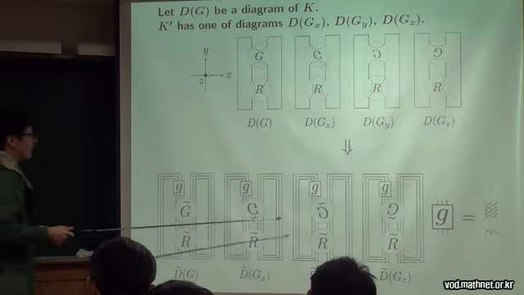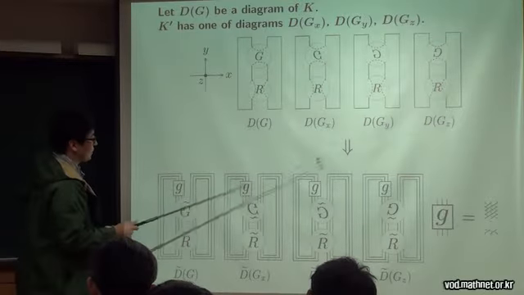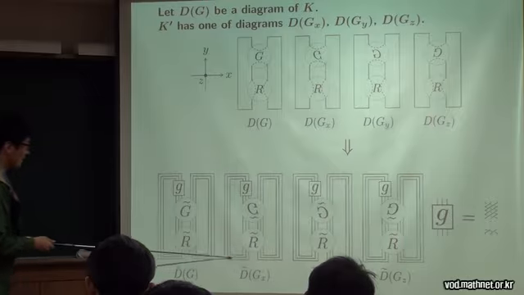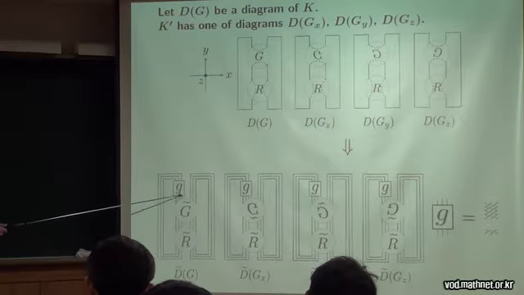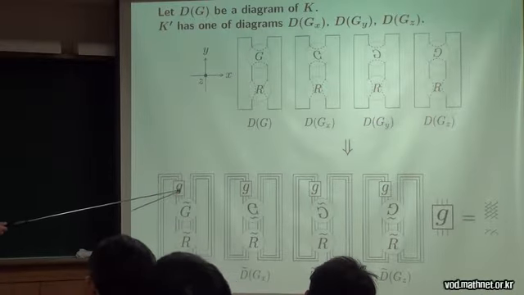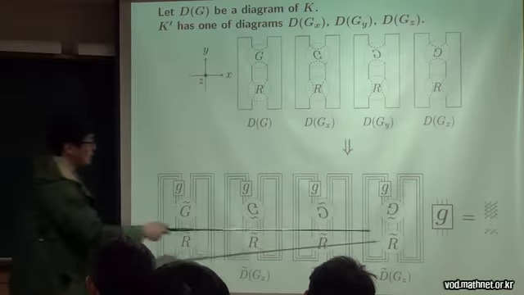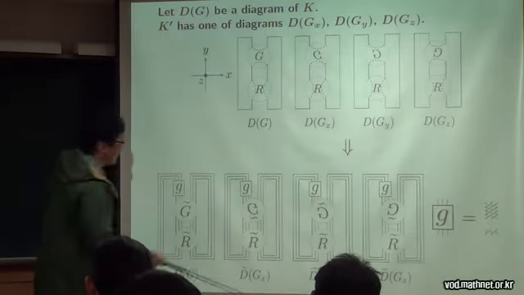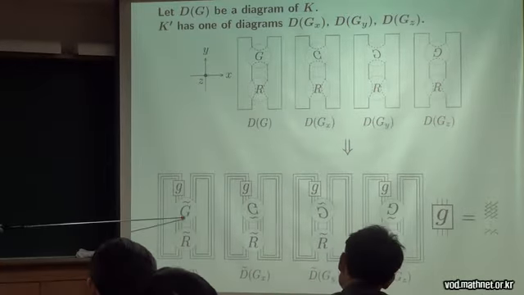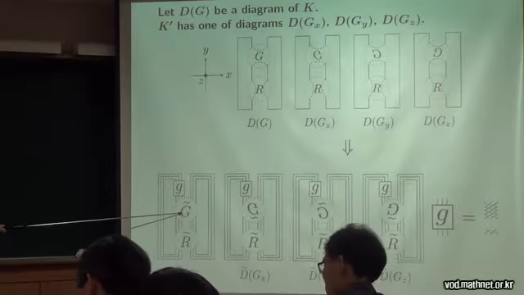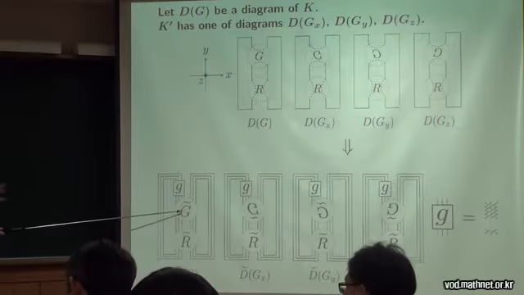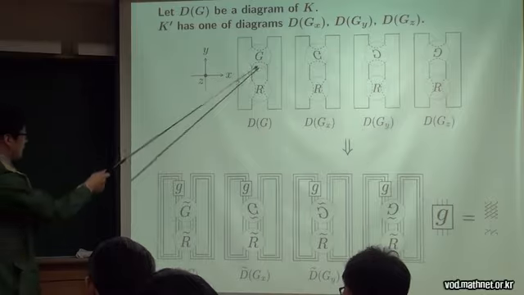Next, we consider cable diagrams like this. Here, small g is the twisting part, the twist part. And g tilde is the three parallel version of tangle g.